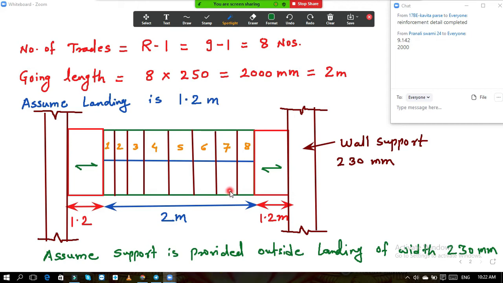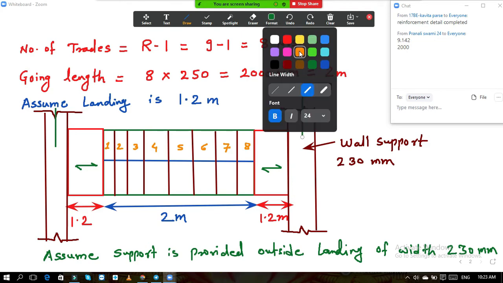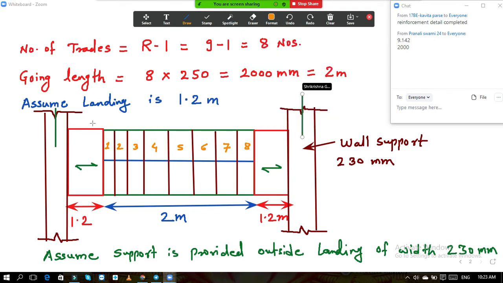Now in this case, what is our effective span? If I want to calculate the effective span, then I take the center of this and also the center of this, and whatever the length is, this length, I will draw over here.